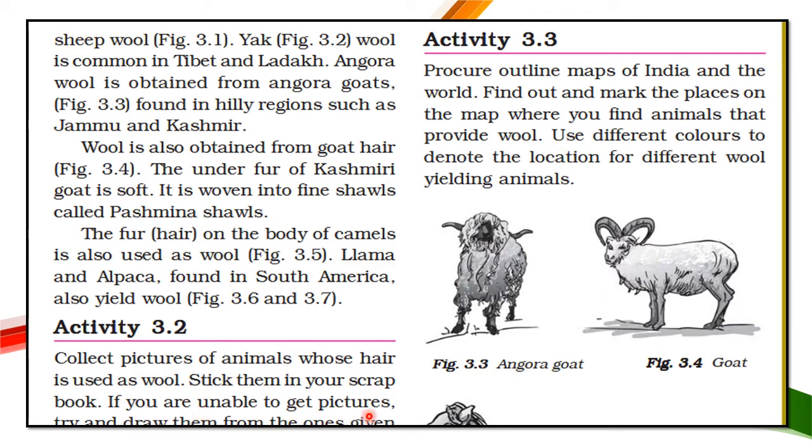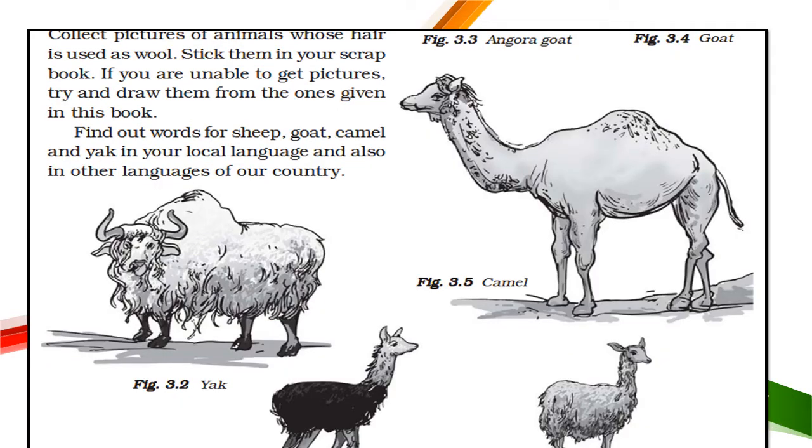If you are unable to get pictures, try and draw them from the ones given in the book. Find out words for sheep, goat, camel, and yak in your local language and also in other languages of our country.